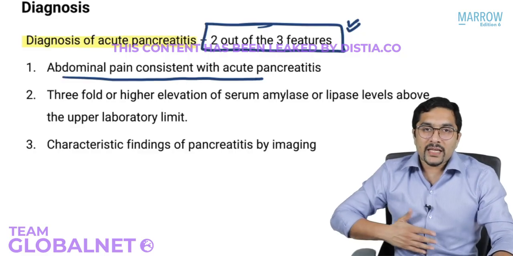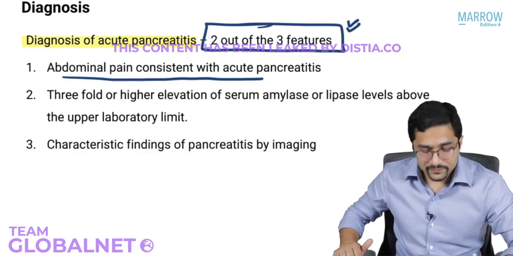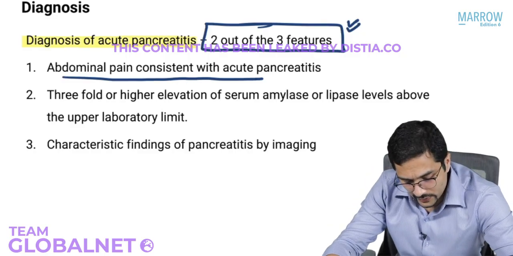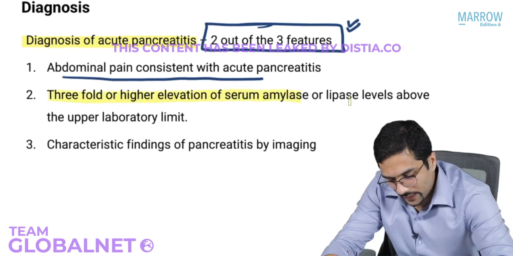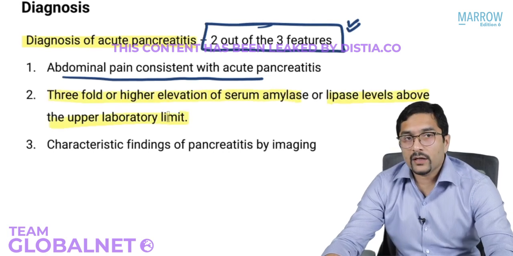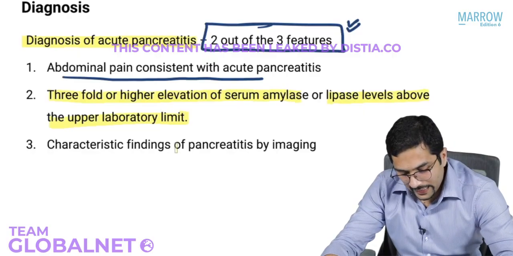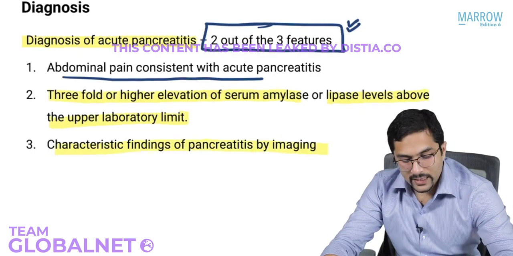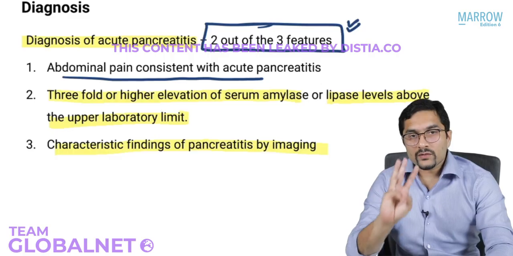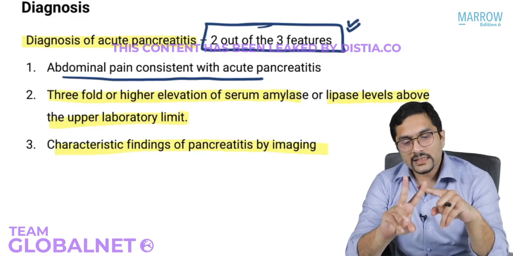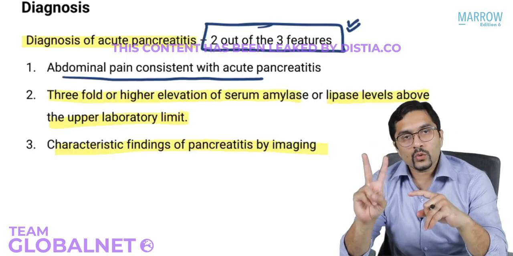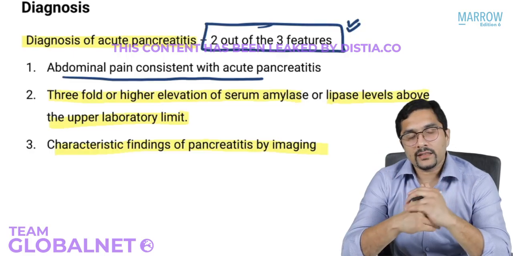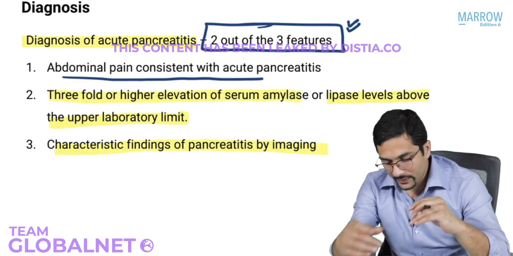That means pain in the epigastrium which radiates to the back. There should be a 3-fold or higher elevation of serum amylase or lipase above the upper laboratory level. And characteristic findings of pancreatitis on imaging. So out of these 3 things, pain, raised enzymes and imaging, if 2 things are present, then we can make the diagnosis of acute pancreatitis.